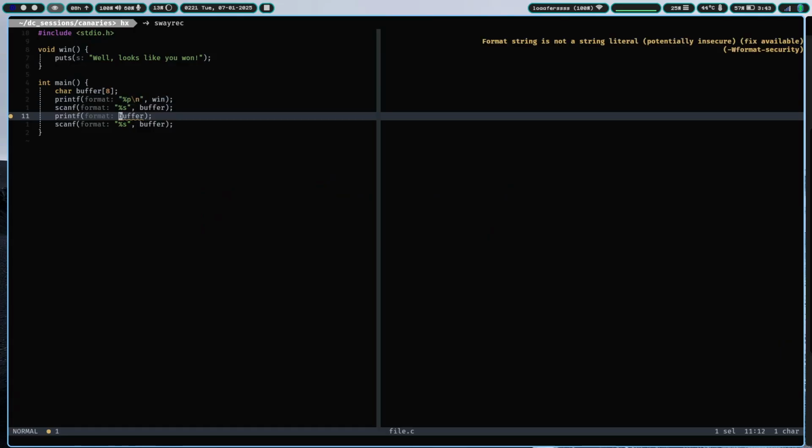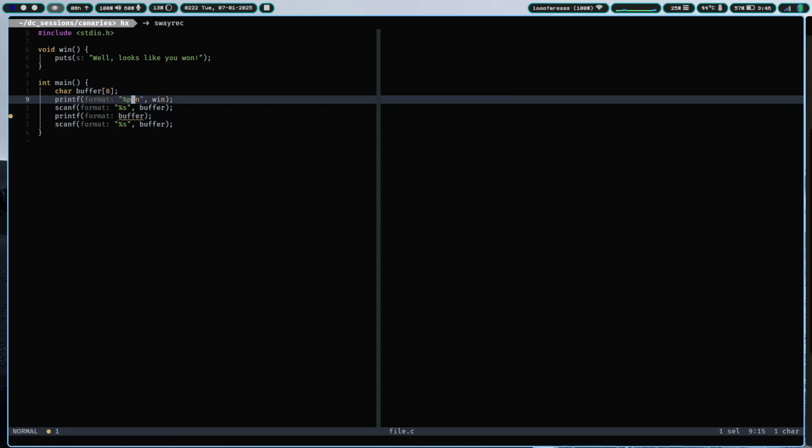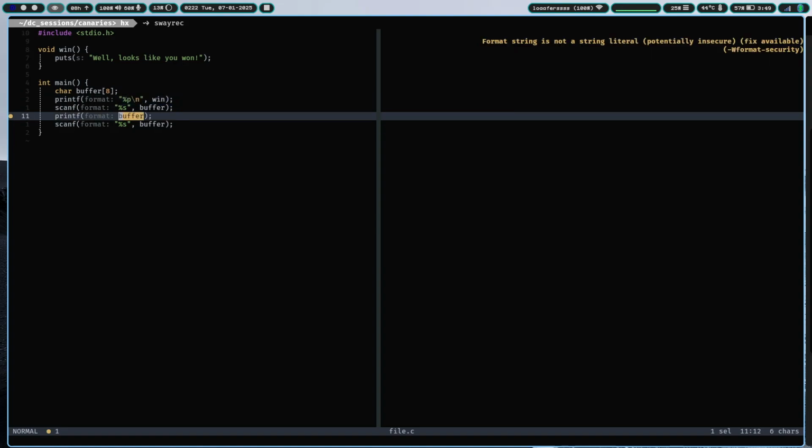The point is, it has no way of determining if the thing is hard coded or if it's something from the stack. So nothing stopping us from having it on the stack because of ABI reasons. Printf is that way. So this is one very common mistake that people do.